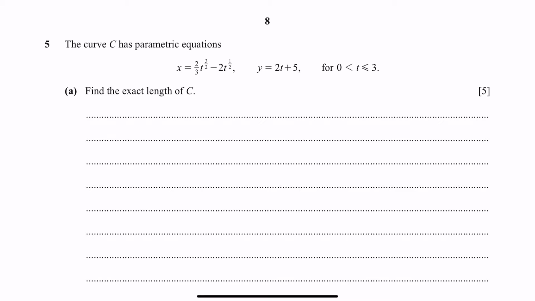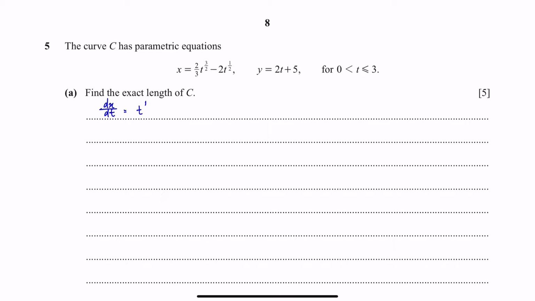For question 5a, we need the exact length of C, and C has the parametric equations x equals 2 thirds of t to the 3 over 2 minus 2t to the power of 1 over 2, and y equals 2t plus 5. So firstly, we will need to find dx over dt. So it will be t to the 1 over 2 minus t to the negative 1 over 2.